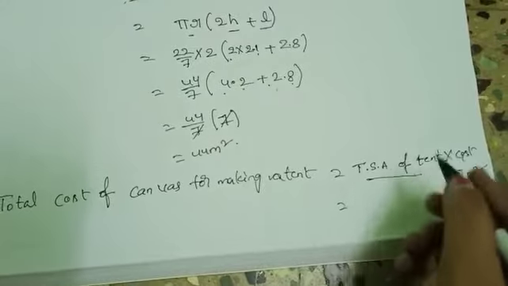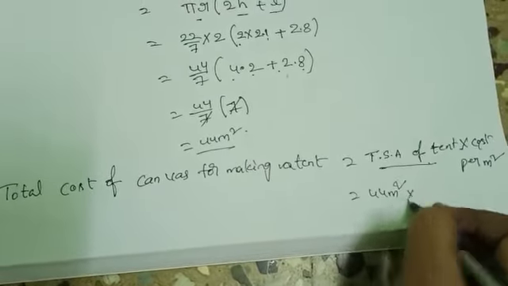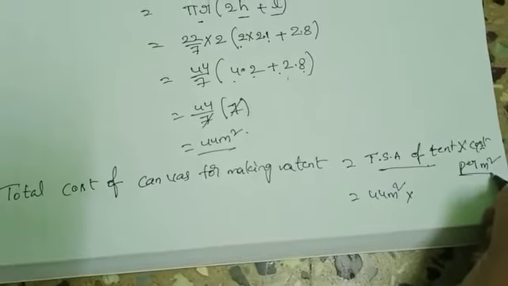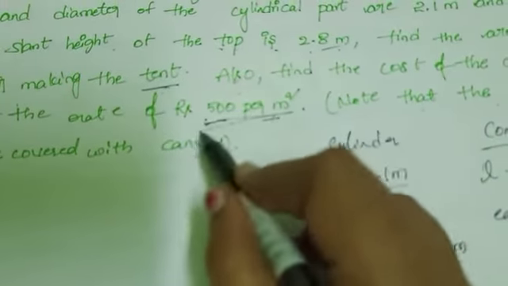Total surface area of tent is 44 meter square into cost for each meter square is 500 rupees.